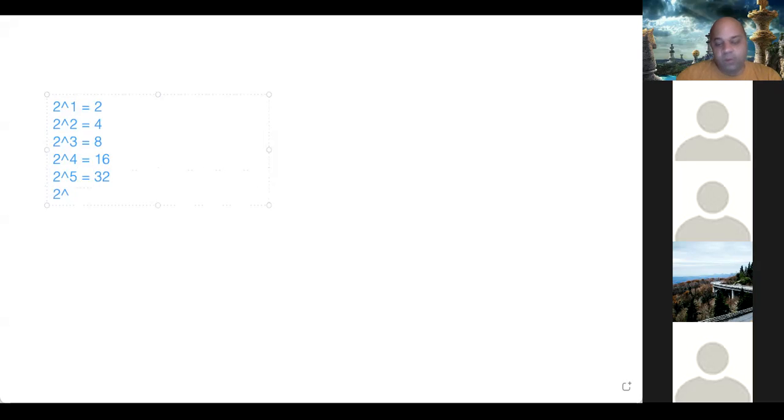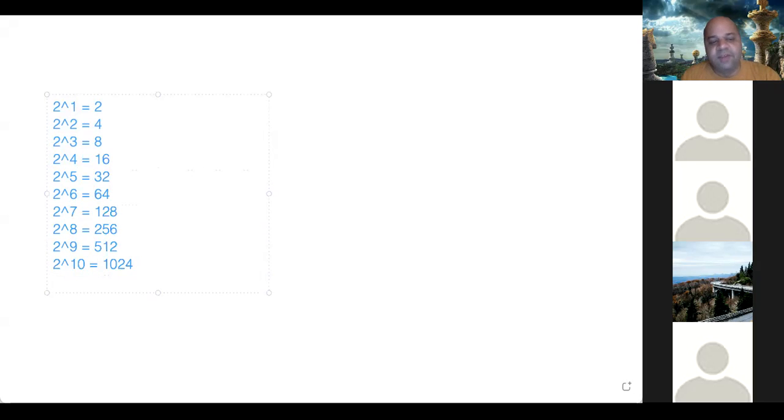I will do up to 10 and then we will see. 2 raised to 6 is equal to 64. 2 raised to 7 is equal to 128. 2 raised to 8 is equal to 256. 2 raised to 9 is equal to 512 and 2 raised to 10 is equal to 1024.